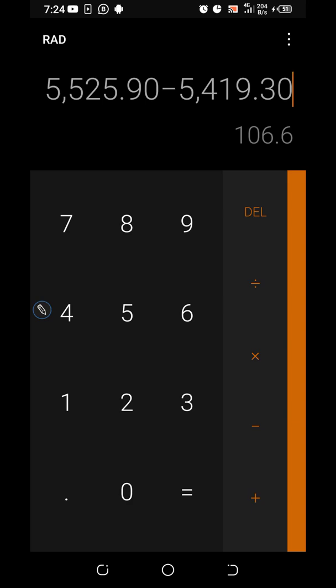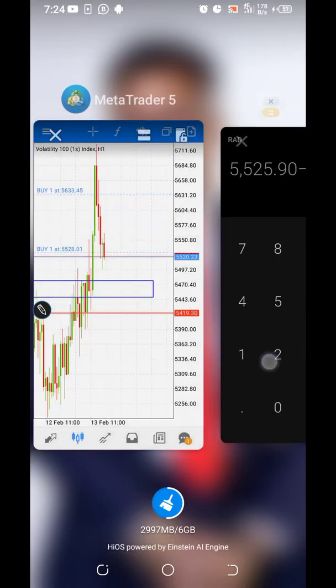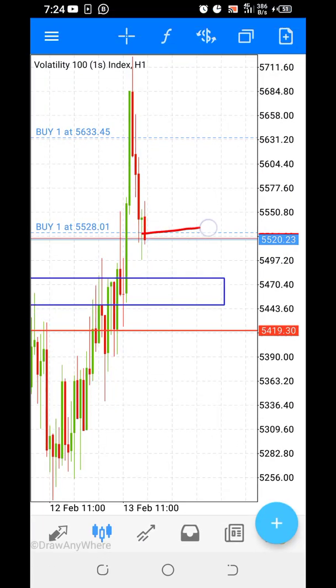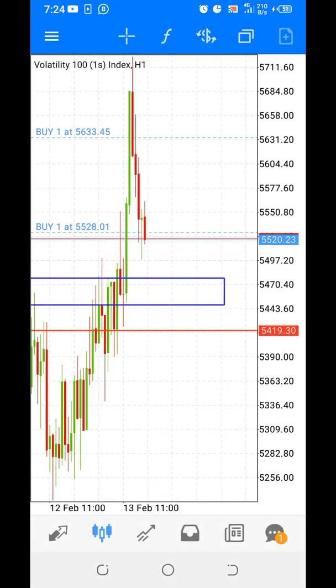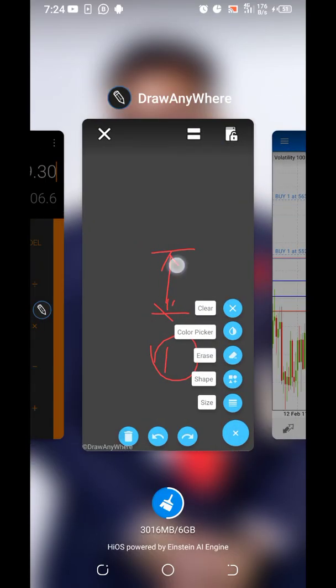106.6. Now if I want to know my dollar equivalent, how much I will lose in dollars if I take this trade with this distance, if I open just one position alone, let's get that quickly.